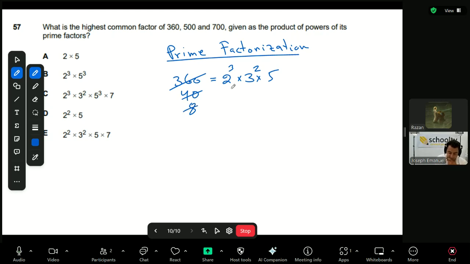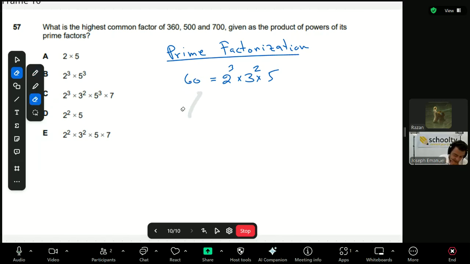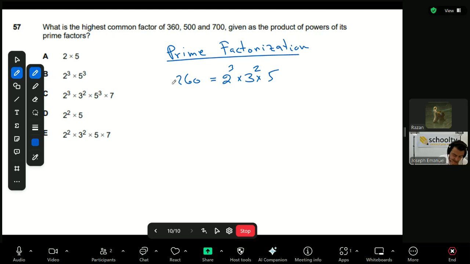Okay, I will make it cleaner. So for 500, you can see the 5 already. If you take out the 5, you have 100. 100, you have 20 here. Another 5.